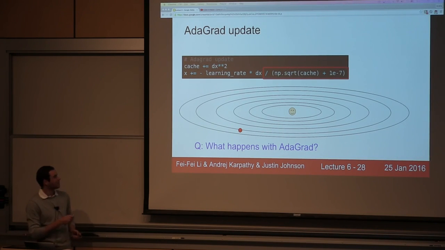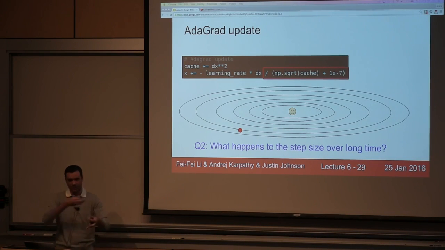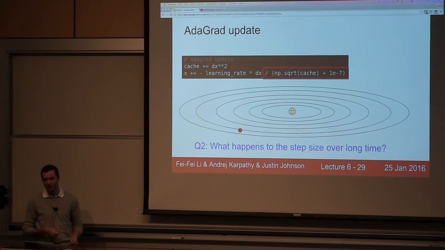So that's Adagrad. One problem with Adagrad is to think about what happens to the step size as we're updating. If we want to train an entire deep neural network over a long time, what's going to happen in Adagrad? Of course, your cache ends up building up all the time. You add all these positive numbers, and it goes into your denominator.